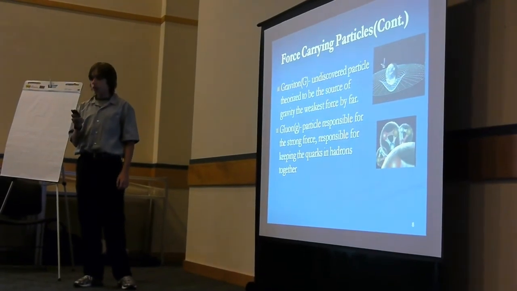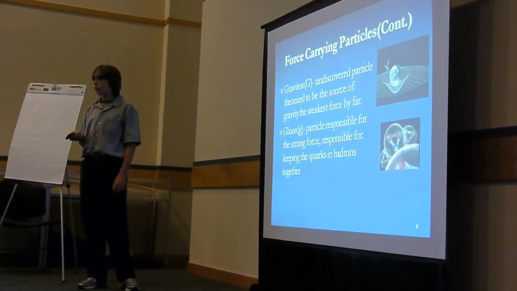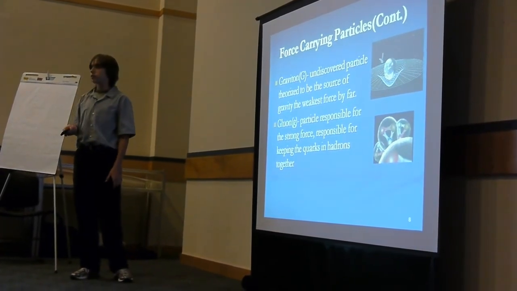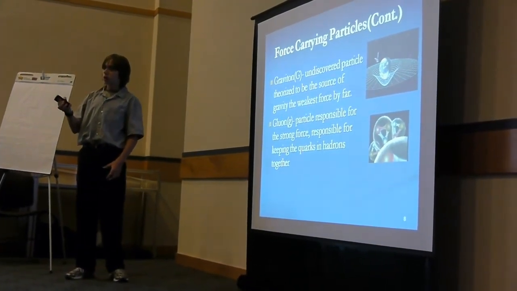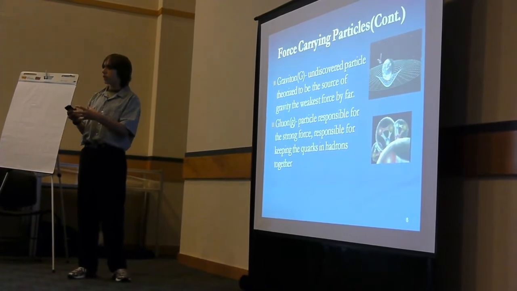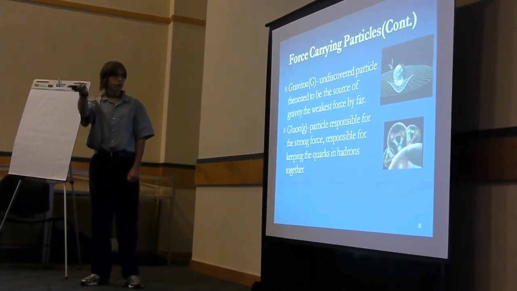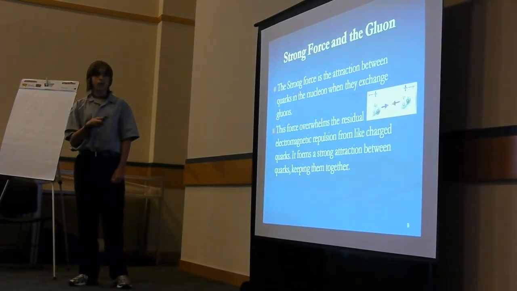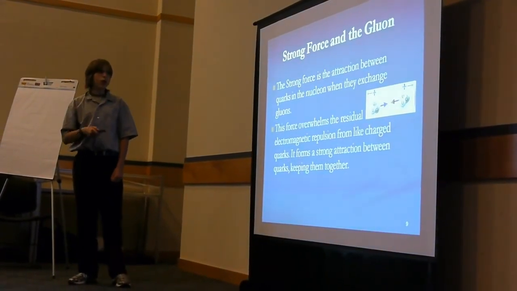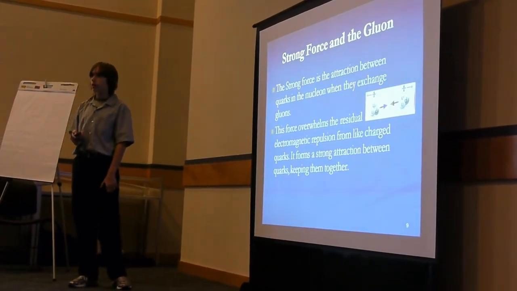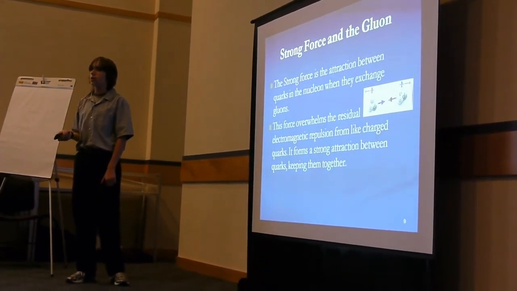Now, the gluon, which is the most important one for our discussion today, is a particle responsible for the strong force, responsible for keeping the nucleus of the atom, keeping quarks together. The strong force we're going to pay particular attention to is the strong attraction between quarks in nucleons, such as protons and neutrons.